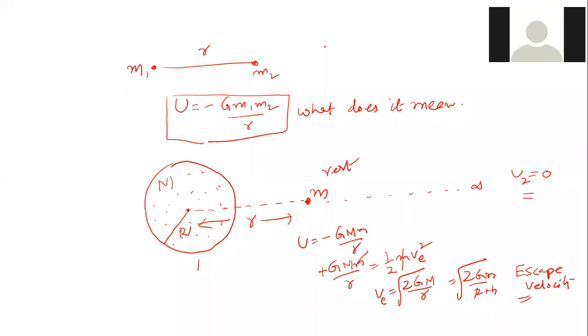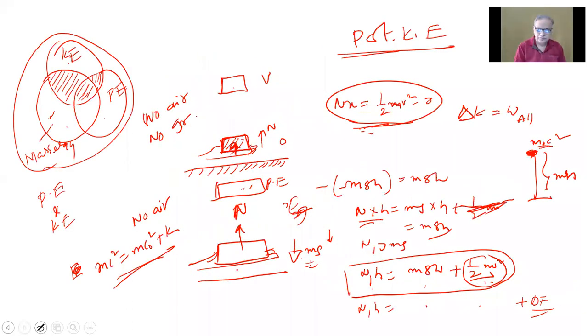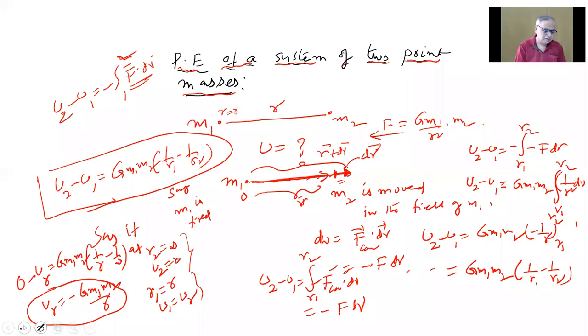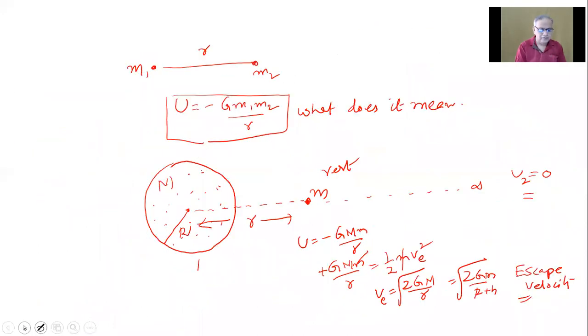There, we took the potential energy to be 0 at ground. Here, at infinity, we took it as 0. The way we derived it, r equals 0 was here, but U is 0 at infinity. Somewhere I wrote, where is it? Here. So that's the difference. This is a little confusing thing.